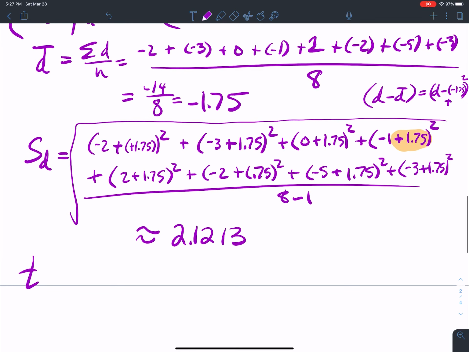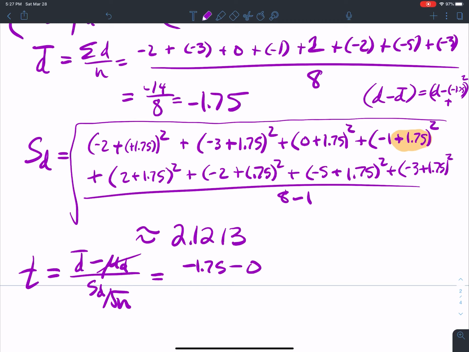And the t is equal to d bar minus mu d over sd over square root of n. D bar we found to be -1.75, minus, we assume 0 in the H naught. Okay, the null hypothesis, assume there's no difference.